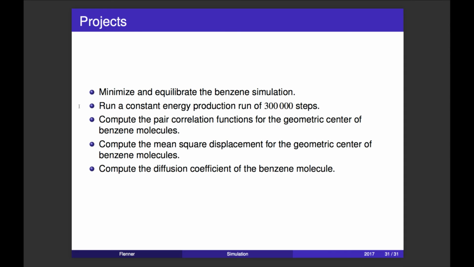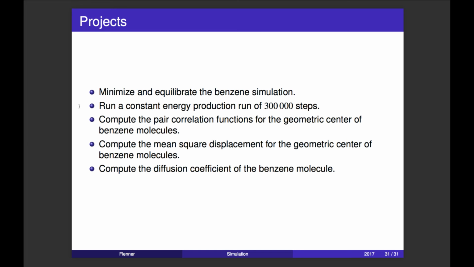And then run a constant energy run. And then compute the pair correlation function for the geometric center of the benzene molecules. Like I say, you can calculate these pair correlation functions for individual atoms, lots of things, but the geometric center gives you an idea of what these pair correlation functions look like for fluids.